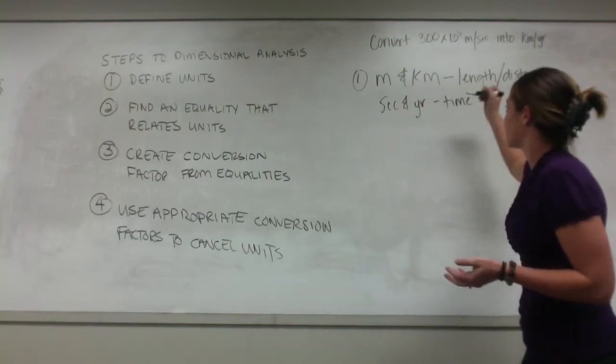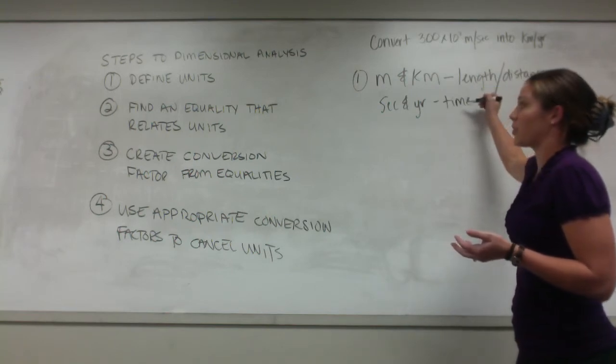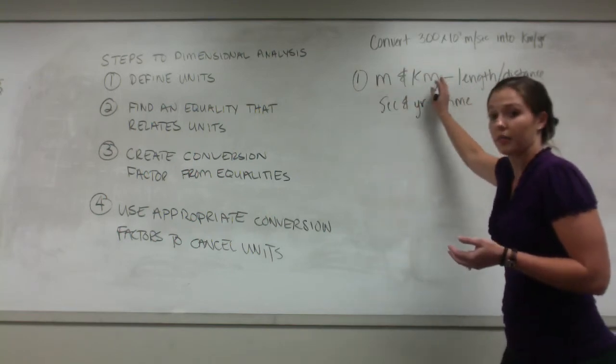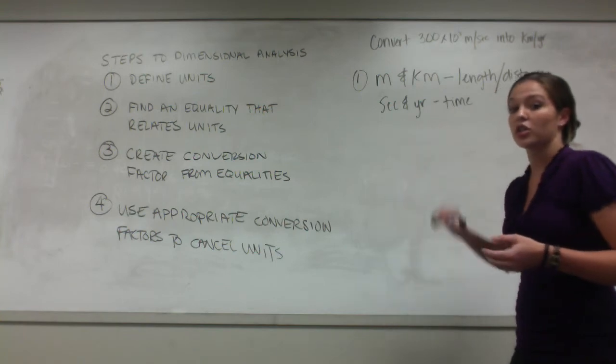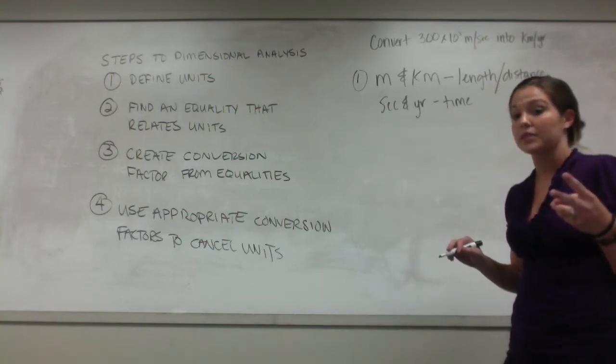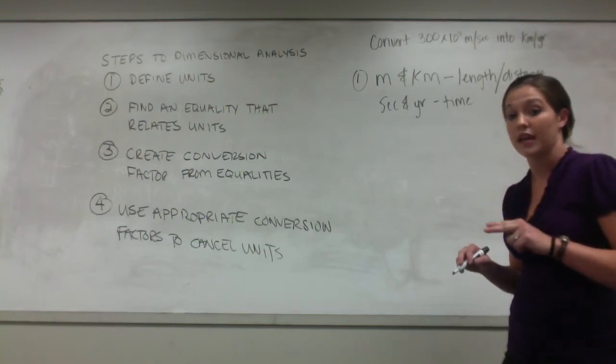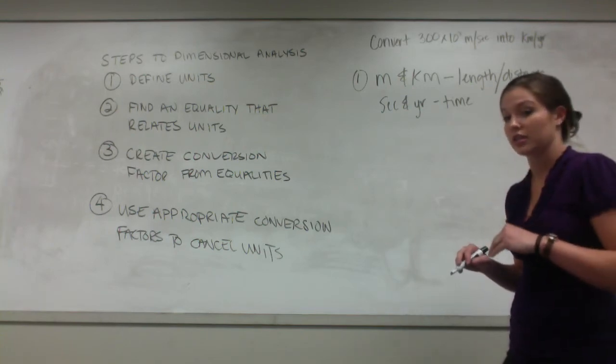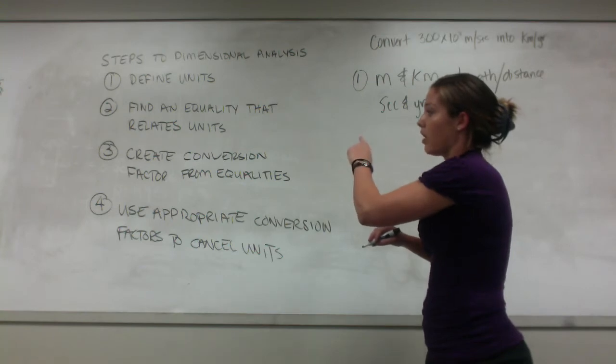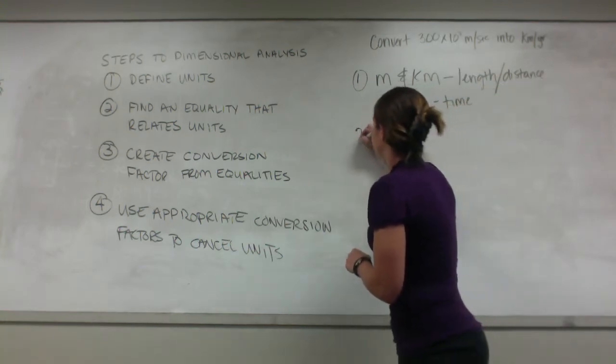So obviously we can't relate these two to each other, but we can relate meters to kilometers and seconds to years. So this is going to be 2 steps, because first we're going to convert meters to kilometers, and then we're going to convert seconds to years. So find an equality that relates the units.